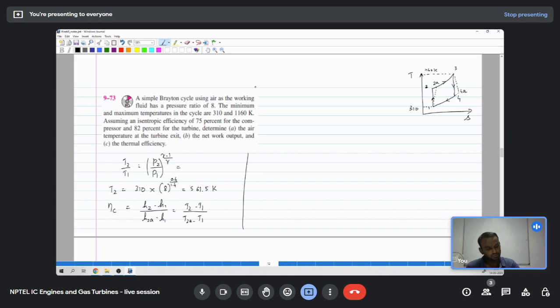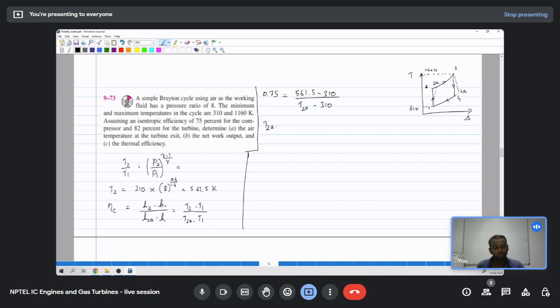So the compressor efficiency is 0.75, which is equal to T2 minus T1, that is 561.5 minus 310, divided by T2A minus 310.